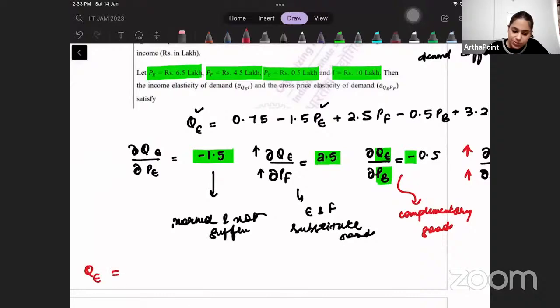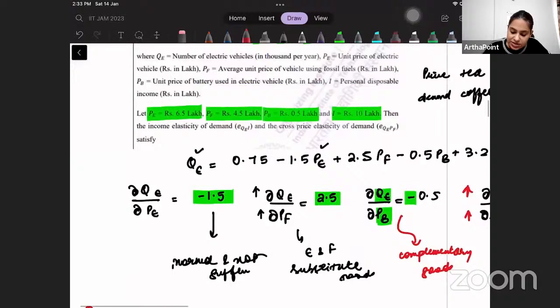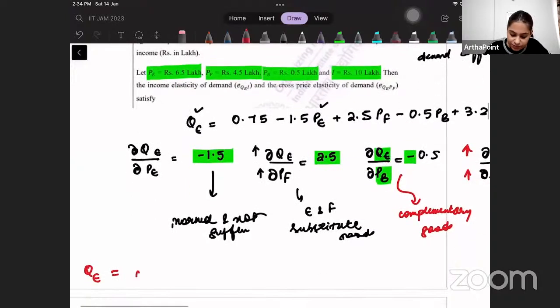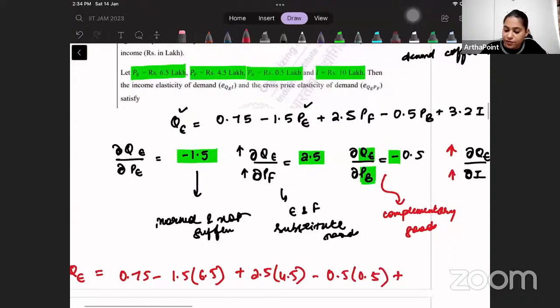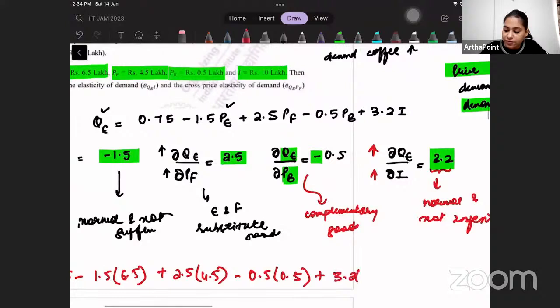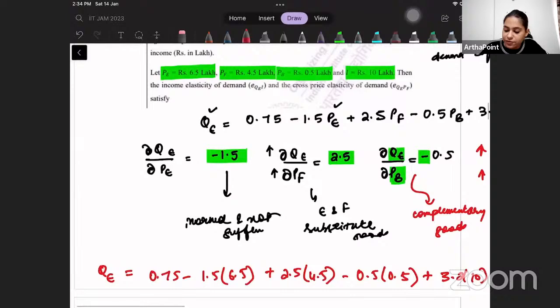After you put down these values, let's do that. 0.75 minus 1.5 into 6.5. Do it with me. Plus 2.5 into 4.5 minus 0.5 into 0.5 plus 3.2 into 10. This gave me 34. So we have got the value of the demand QE.